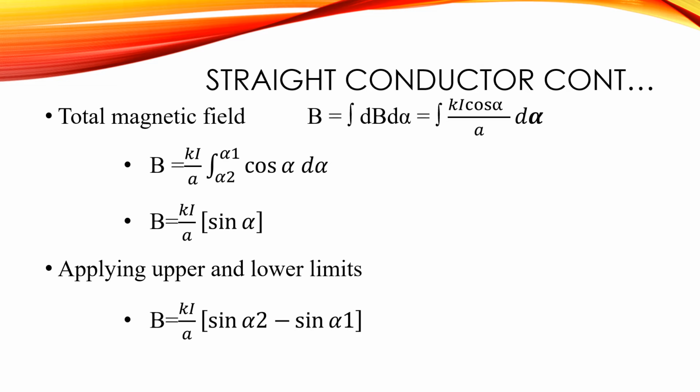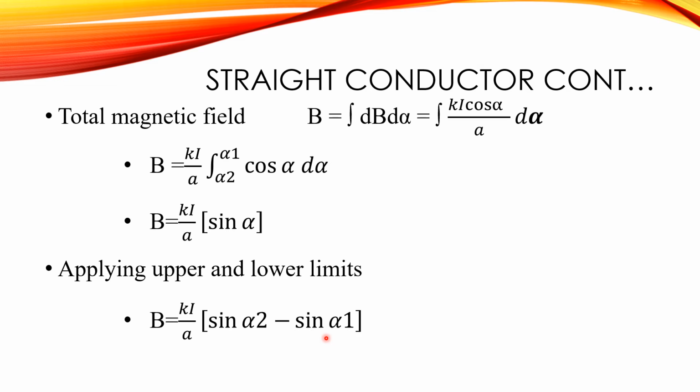By applying the upper and lower limits, we get this equation, and this is the expression for the magnetic field at a certain point due to a straight conductor of finite length at a distance a, such that the angles formed at the two ends are alpha 1 and alpha 2.